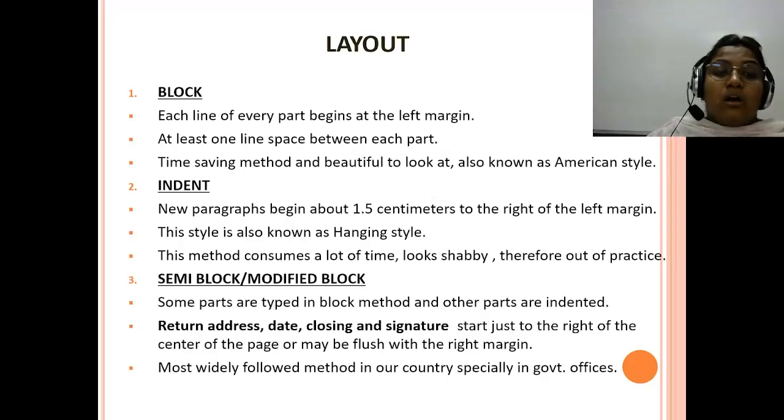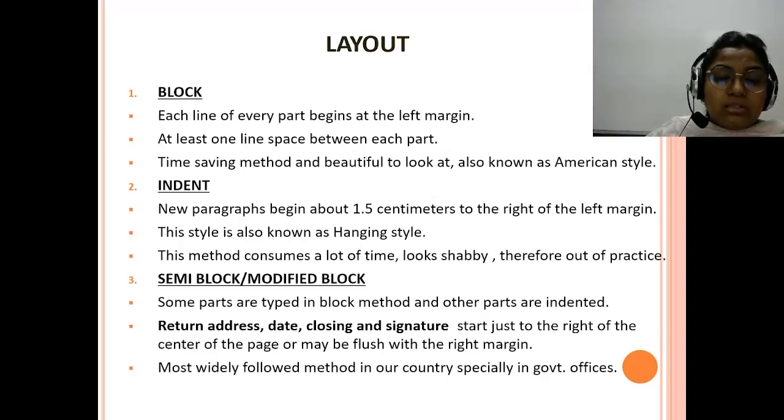Last comes the semi-block or modified block. What are semi-block or modified block? It is the most widely followed method in the country. These are especially used in government offices.